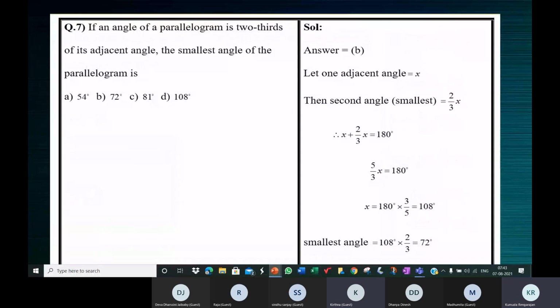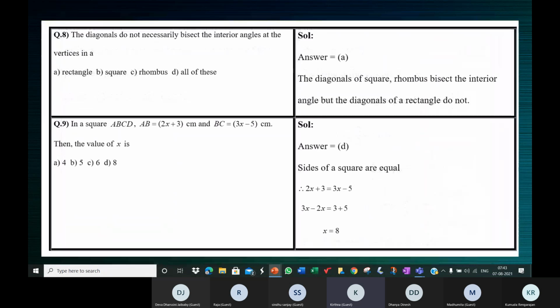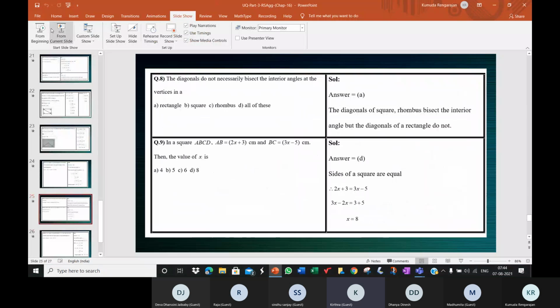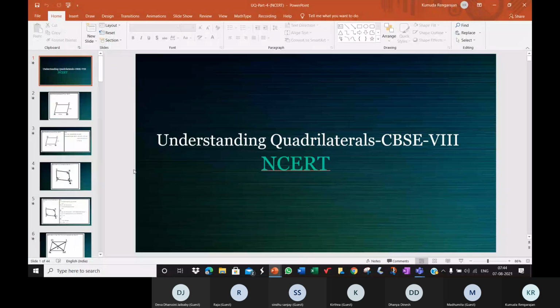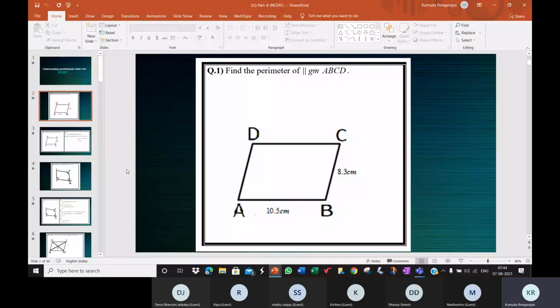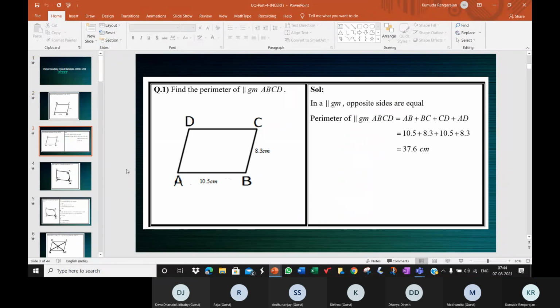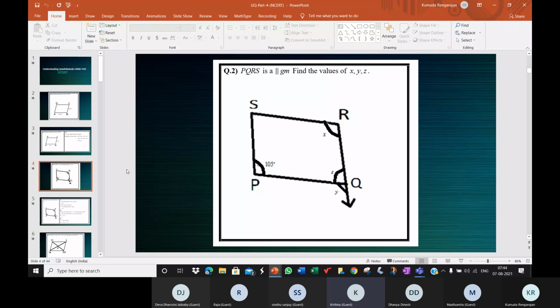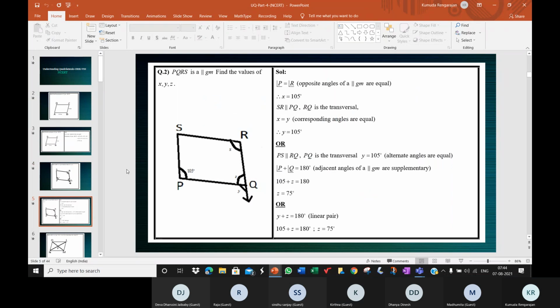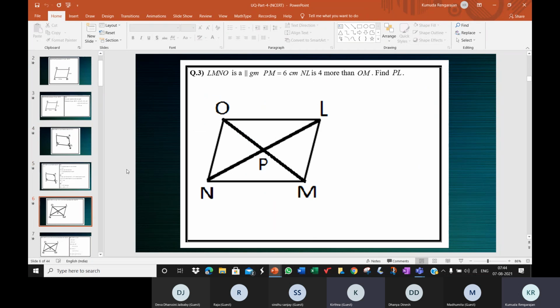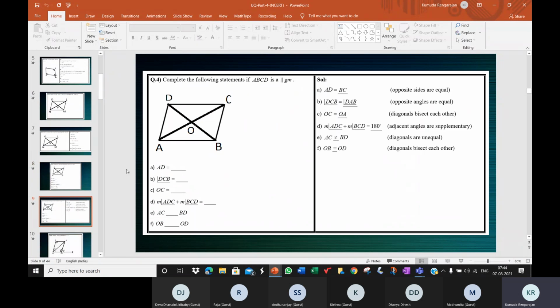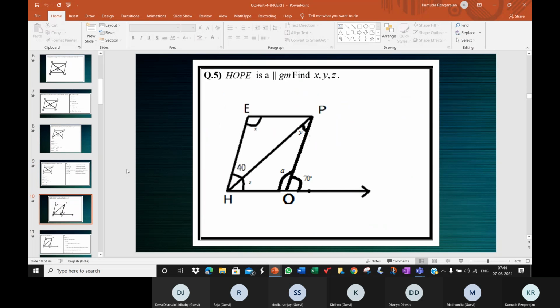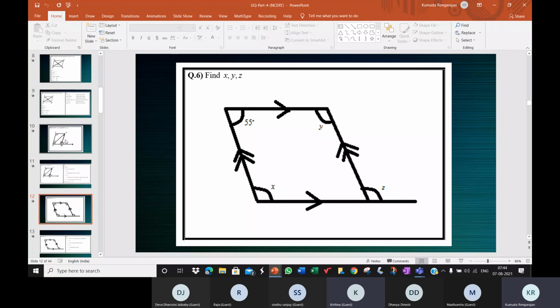Yes, ma'am. Find one missing angle. Let the angle be x and everything. Find x, y, z. Find the missing angles. Yeah, we are still to do all that.